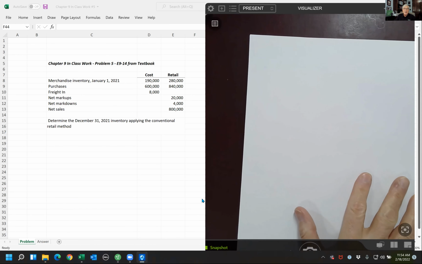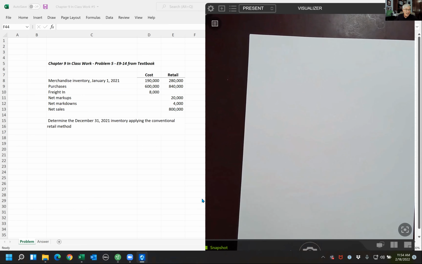Okay, now we're switching gears to what we call the retail method. Now, guess what? A lot of high power retailers use this method. Oh, you know what?